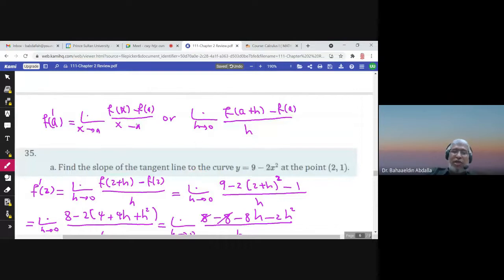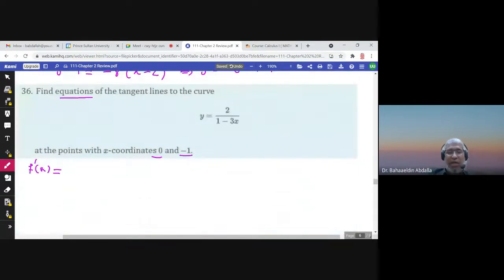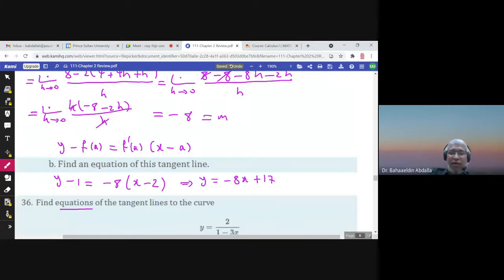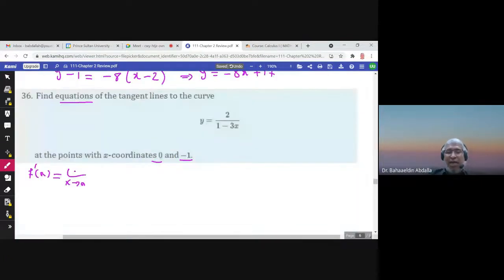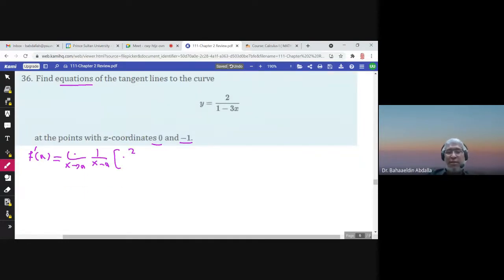So limit as x approaches a of f of x minus f of a over x minus a. I'll take 1 over x minus a outside, and f of x is this function minus f of a, which is 2 over 1 minus 3a.